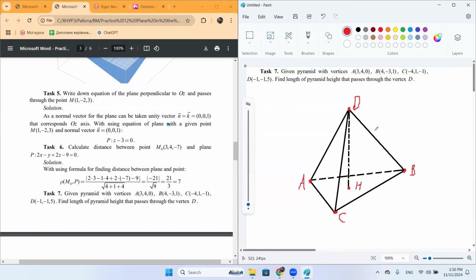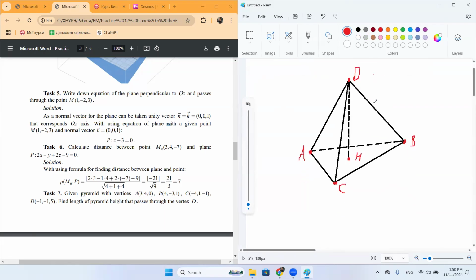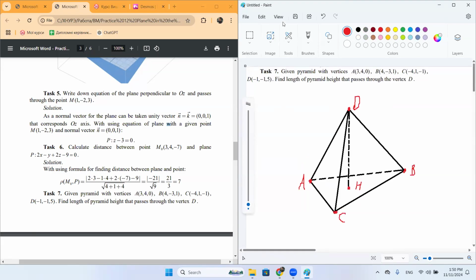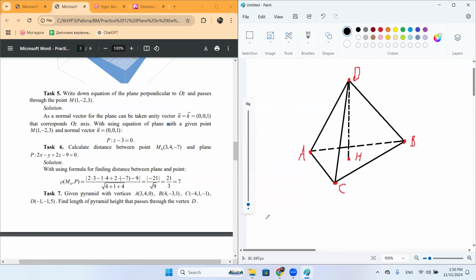Okay, any ideas how to solve the task? Maybe we need to find the plane, define it by points ABC, and then find the distance between point H and D. Point H will be the middle of the plane ABC.